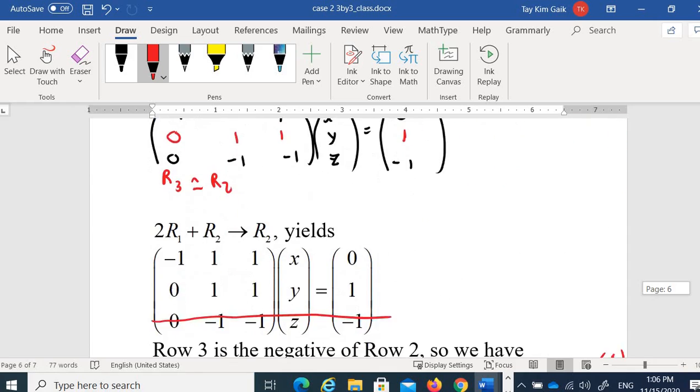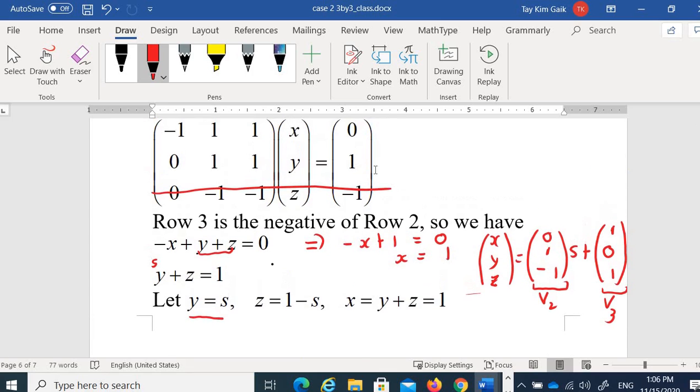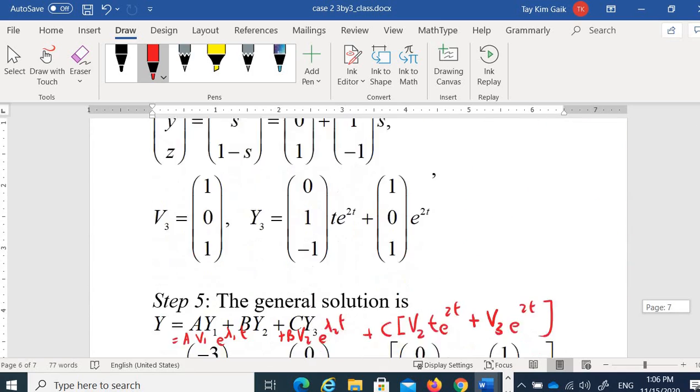And the hint: if just now when you found v2 you let y equal to s, hence to find v3 for the repeated eigenvalue, you must let y equal to s. So you get an eigenvector which depends on s, that will be v2 here, and then the new constant vector is the new eigenvector v3.